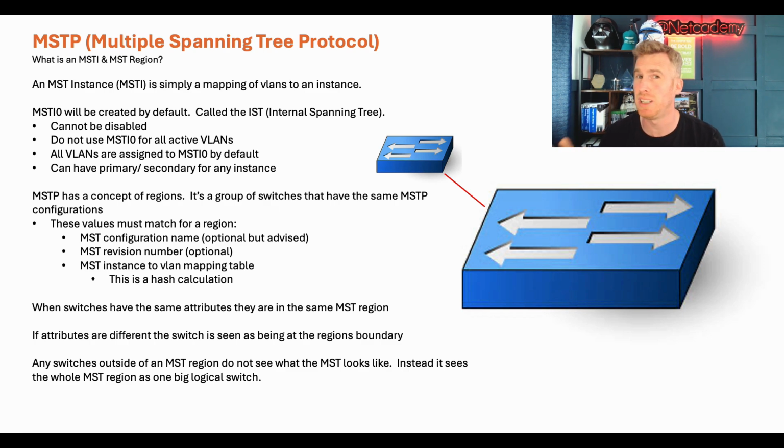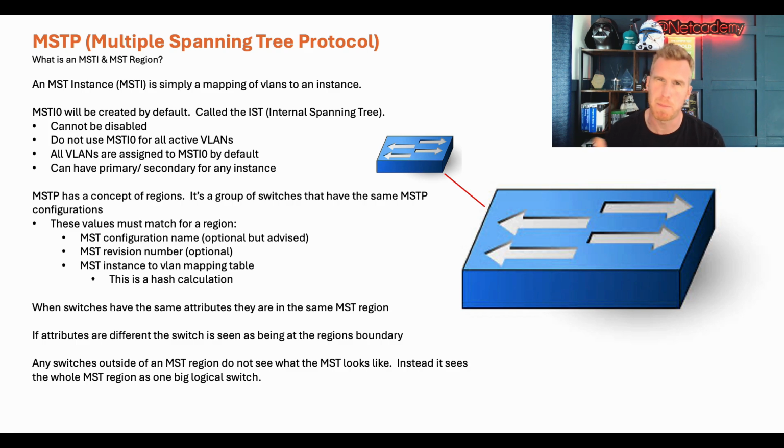But I think that's really cool, really interesting, because even though you could have 2 switches, 3 switches, 10 switches, from an outside switch's perspective, and that outside switch could be running STP or RSTP, it doesn't even have to be running MSTP, it sees all of those switches as one logical switch.